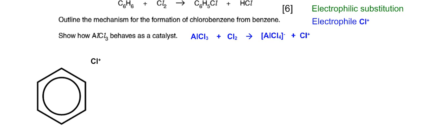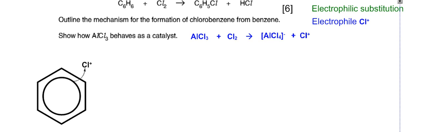Which way does the curly arrow go? Does it go from the Cl+ to the benzene ring, or vice versa? And what does a curly arrow actually show? The curly arrow shows the movement of a pair of electrons. Our electrons are in the benzene ring, so the arrow is going to go from the benzene ring to the Cl+, our electrophile.